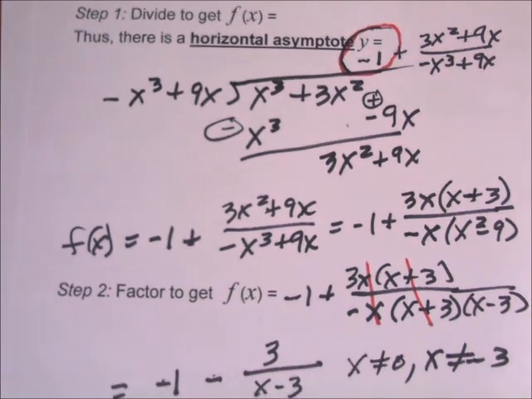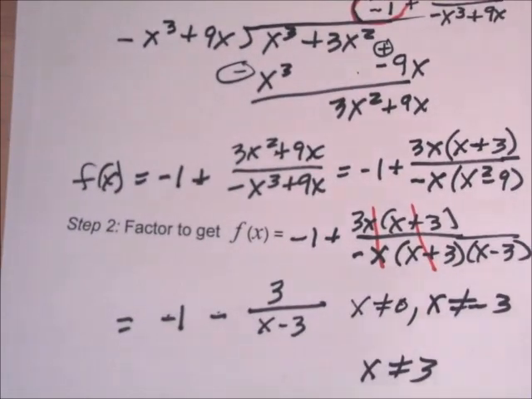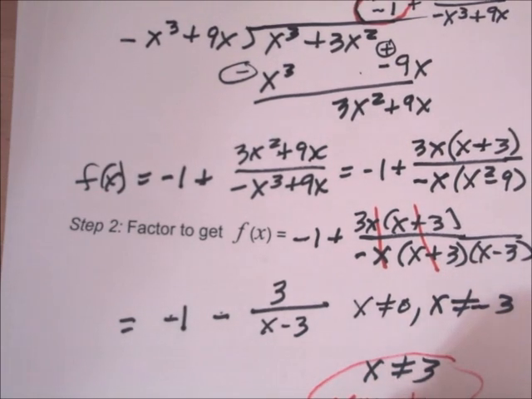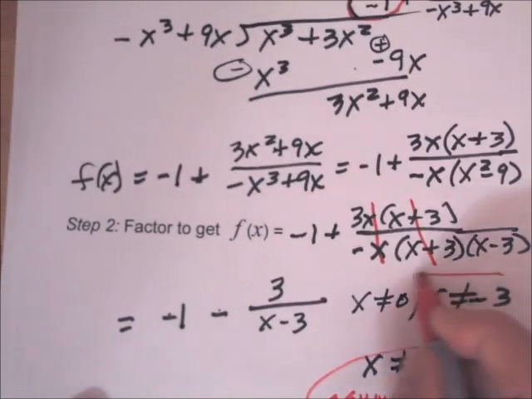So those are our restrictions, and this one is an asymptote. It's a vertical asymptote, and these are holes.